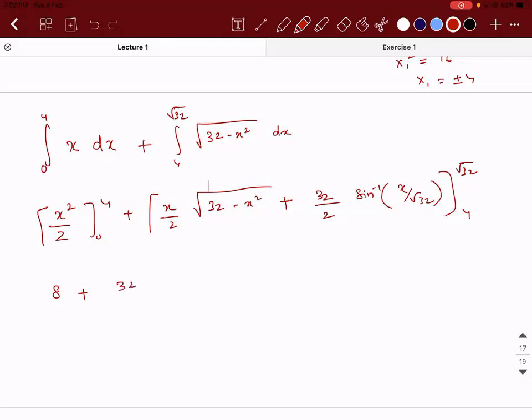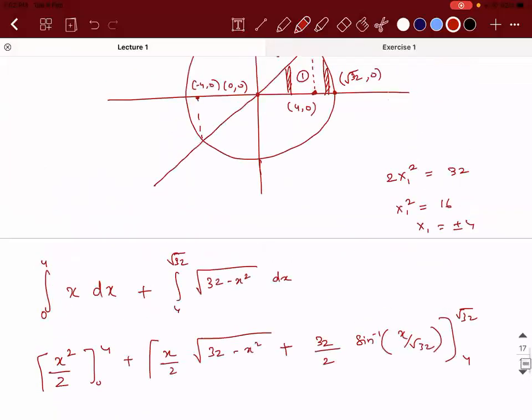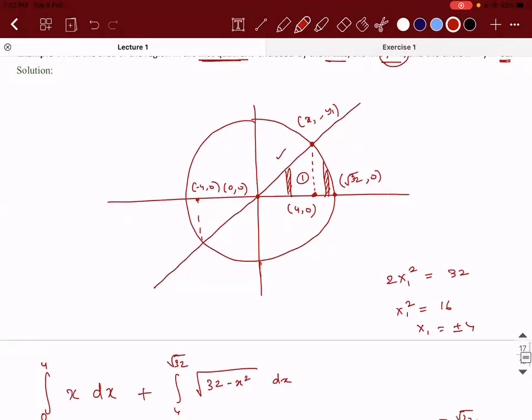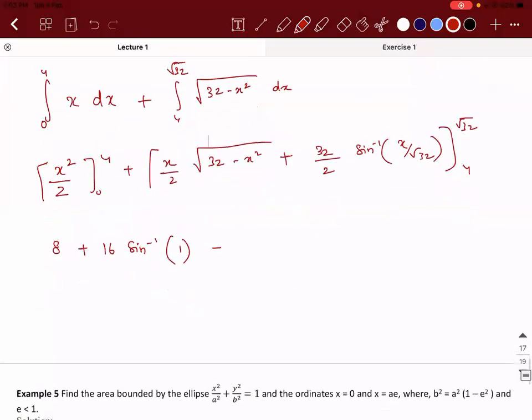Plus 32 divided by 2, that is 16 into sine inverse of 1, minus, substitute the 4 here, it becomes 2 into root 16 is 4, plus 16 into sine inverse of 4 by root 32.